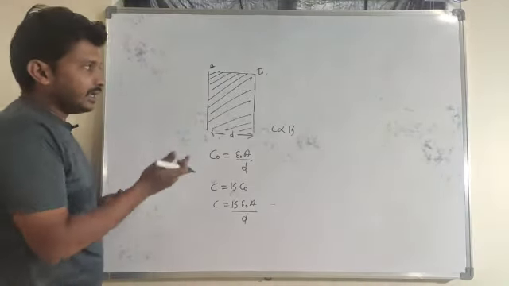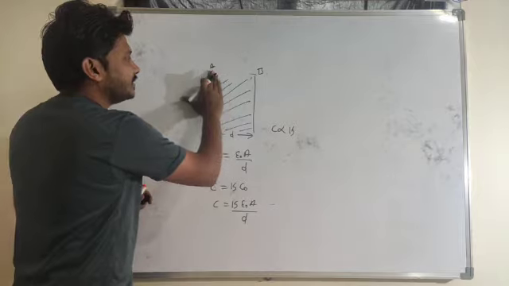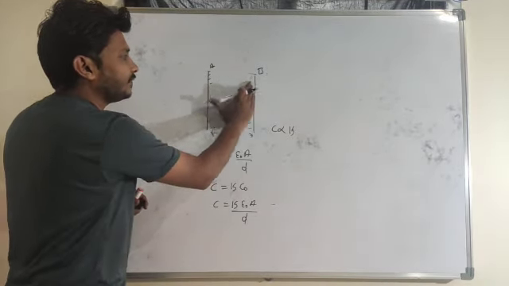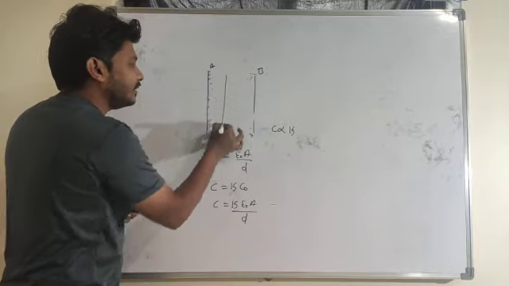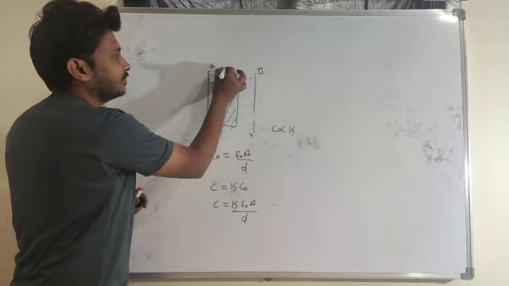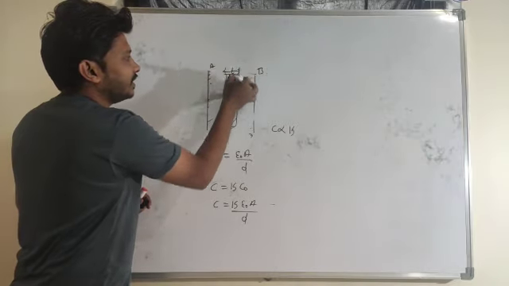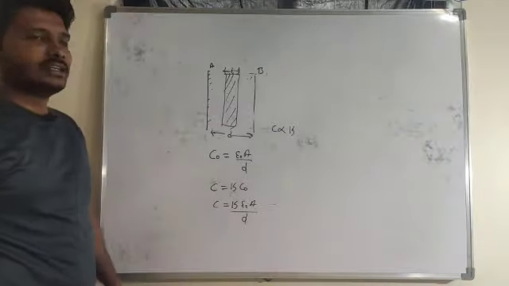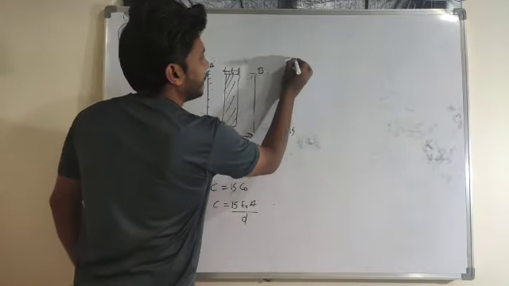Now in another situation, I will consider the dielectric medium partially filled between the plates of the capacitor. For example, this thickness I will take as T here, and the distance between the plates I will take as D. Now what will be its capacitance value?